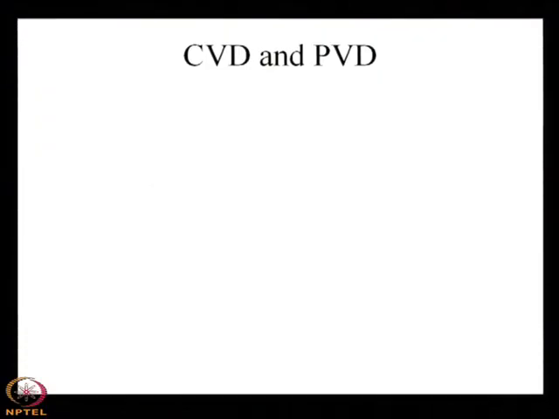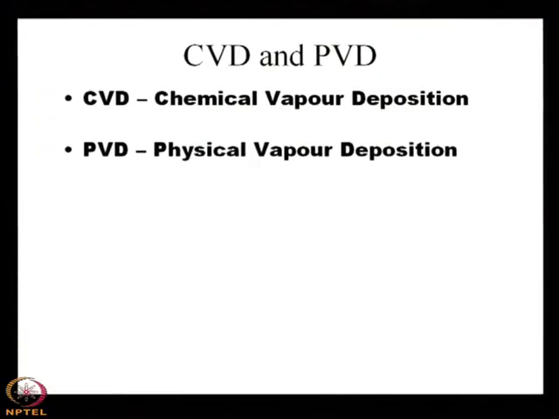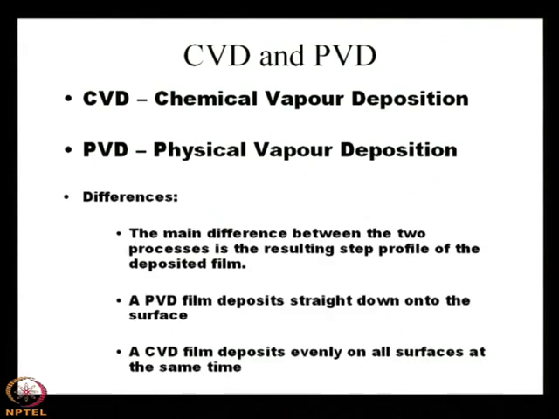Okay. Let me show you that. Here you see the main difference between the two processes, that means chemical vapor deposition and physical vapor deposition, is the resulting step profile of the deposited film.